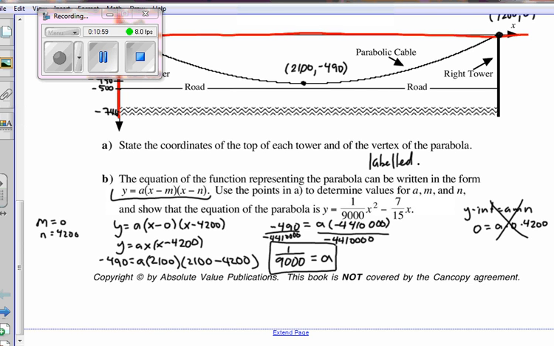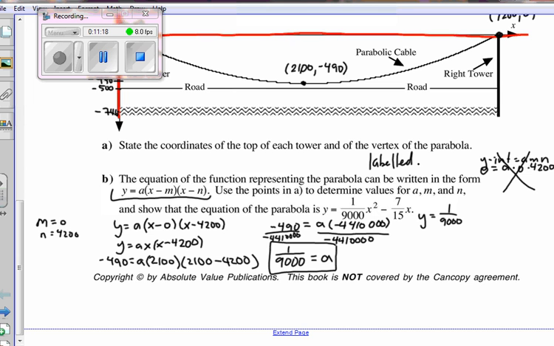Okay, so we're almost there. So we want to plug it in now. Our equation was y equals A x times x minus 4,200. Our A value is now 1 over 9,000. So y equals 1 over 9,000 times x, don't forget the x, times x minus 4,200.